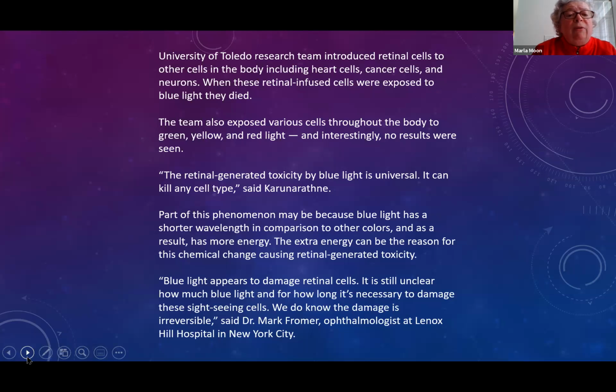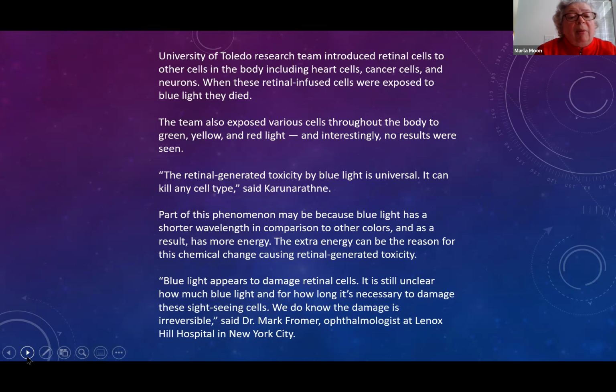When these retinal-infused cells were exposed to blue light, they died. The team also exposed various cells throughout the body to green, yellow, and red light. And interestingly, none of those cells showed cell death. So one of the researchers is saying retinal-generated toxicity by blue light is universal. It can kill any cell type.